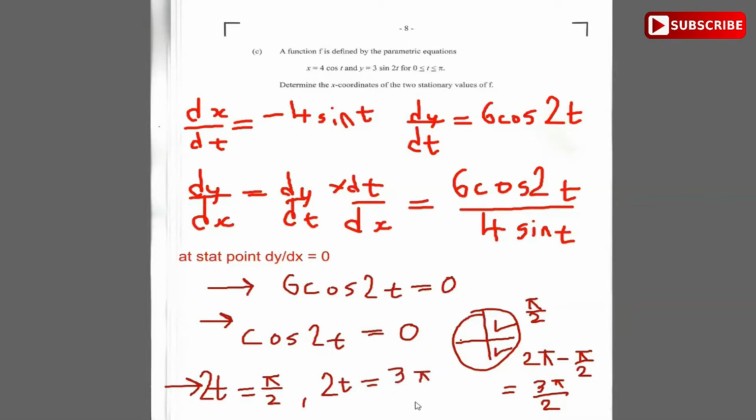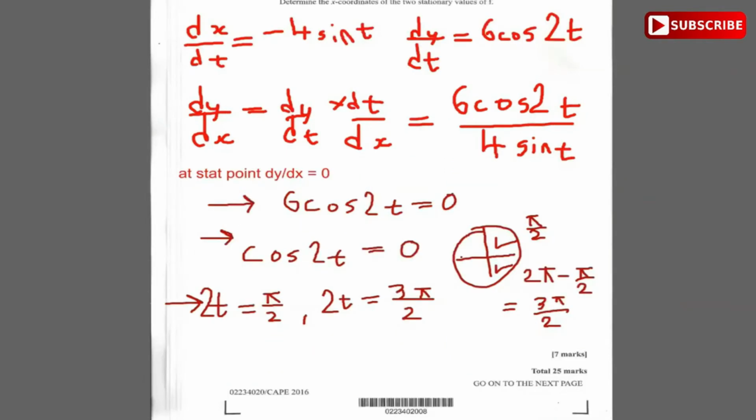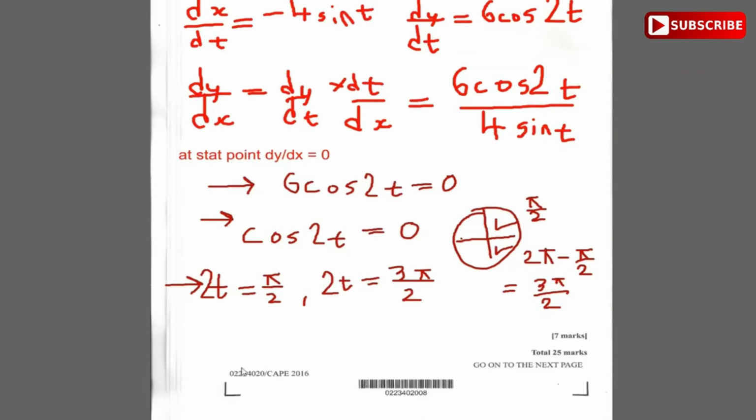So now we can divide through by 2. When we divide through by 2, we get t is equal to pi by 4. And dividing through by 2 over here, we get that t is equal to 3 pi by 4.